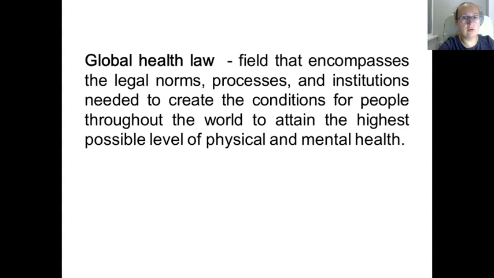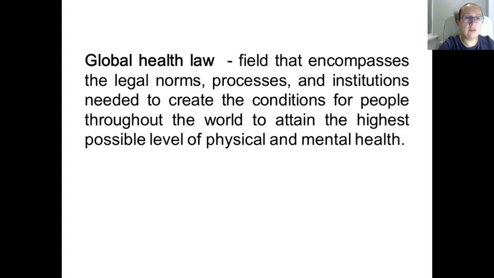Although global health law is largely utilized as a mechanism to protect and expand state interests in an era of global interdependence, it is also conceived of and employed as a framework and tool for protecting the rights of individuals and perhaps creating a more just and equitable world.